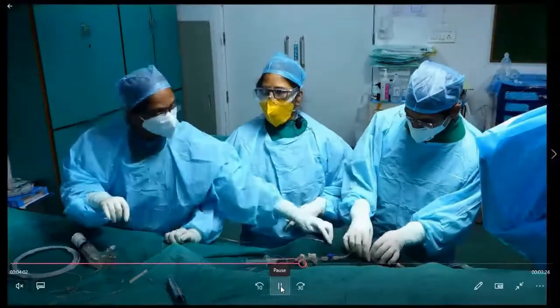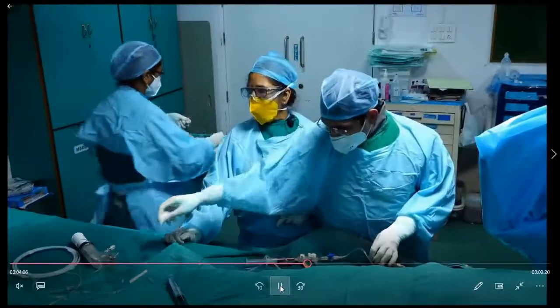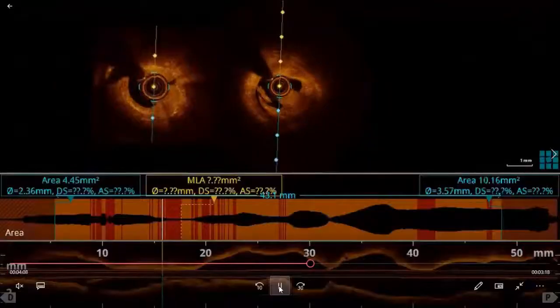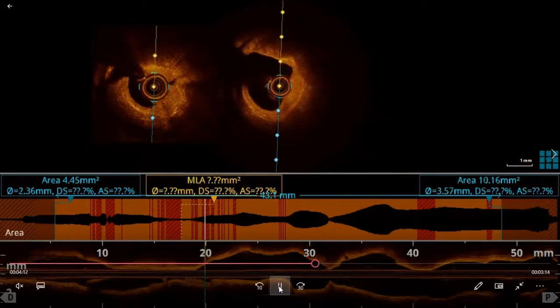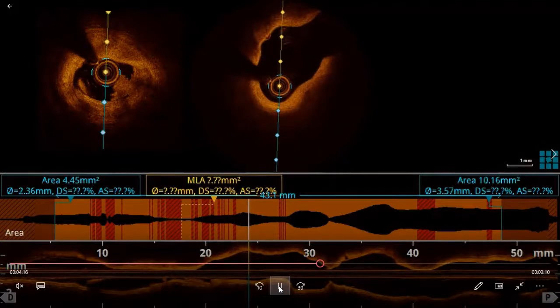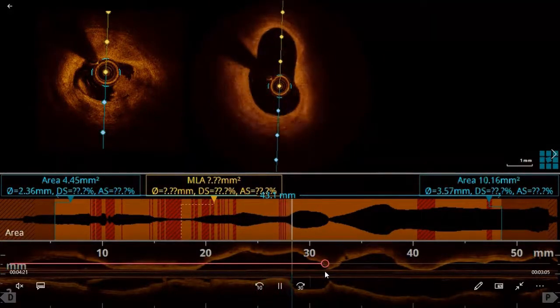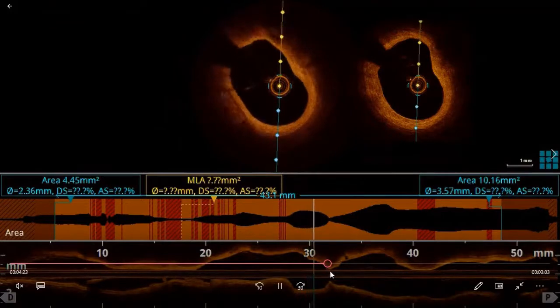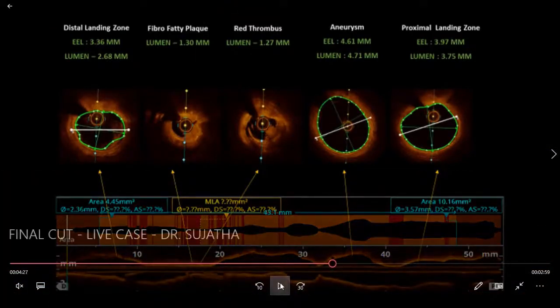You already saw that it was a near-occluded LAD. To get good images, we pre-dilated with a 2 balloon, and you can see a fibrofatty plaque, and a reasonably normal segment in between, and again we come to a very critical segment, and proximally there is a very aneurysmal segment.